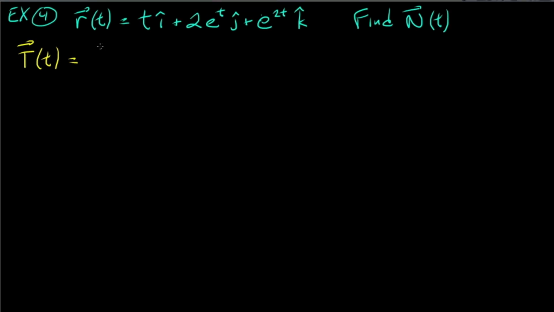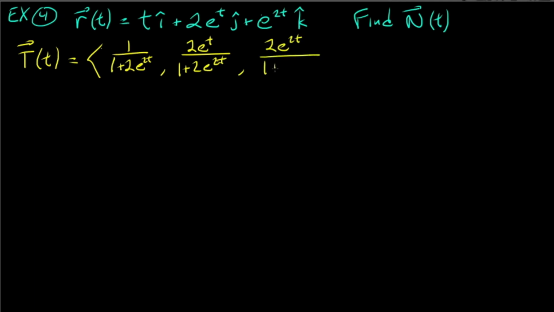So 1 over 1 plus 2 e to the 2t, and that's the common denominator. Then we had 2 e to the t over 1 plus 2 e to the 2t, and then we had 2 e to the 2t all over 1 plus 2 e to the 2t. So that's the tangent vector.